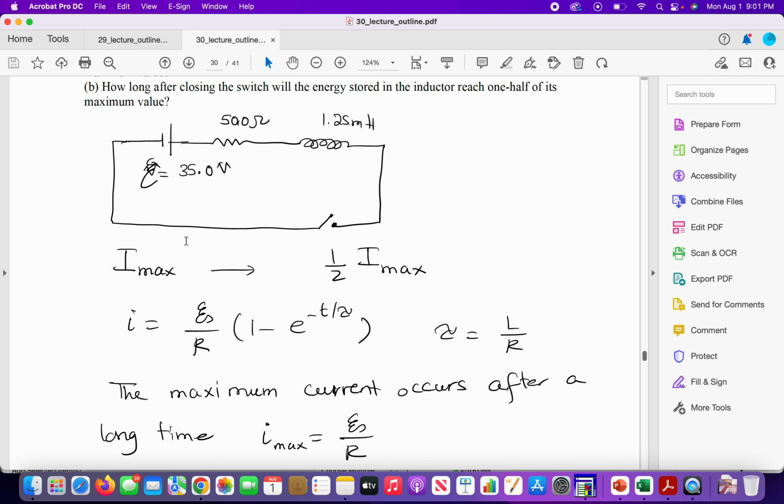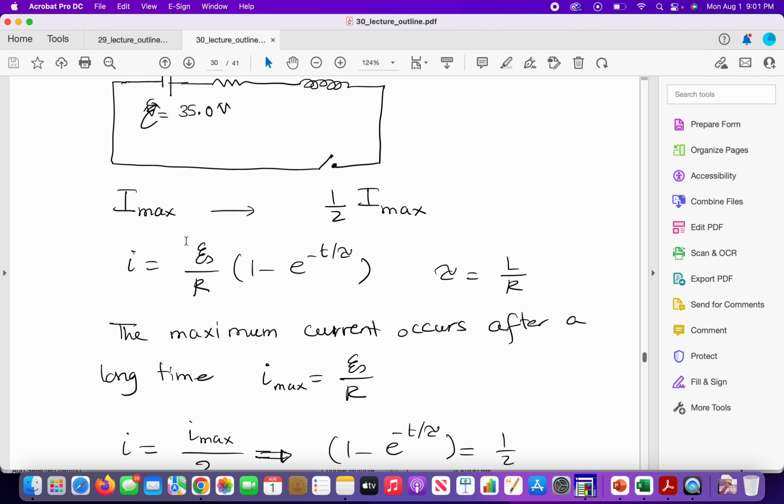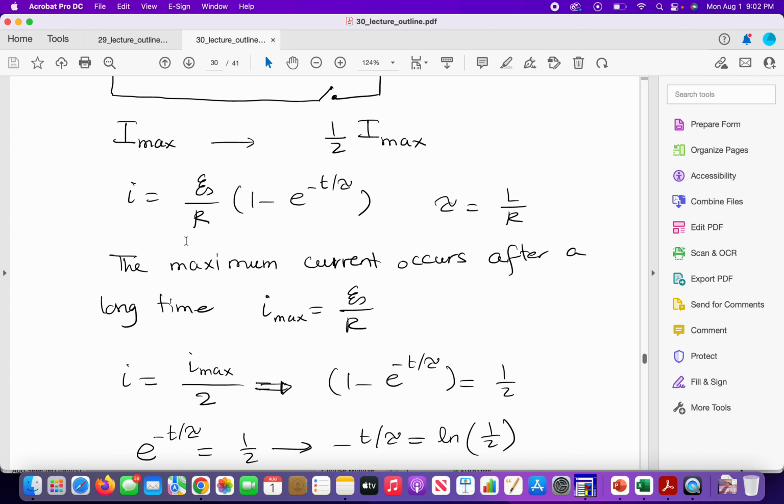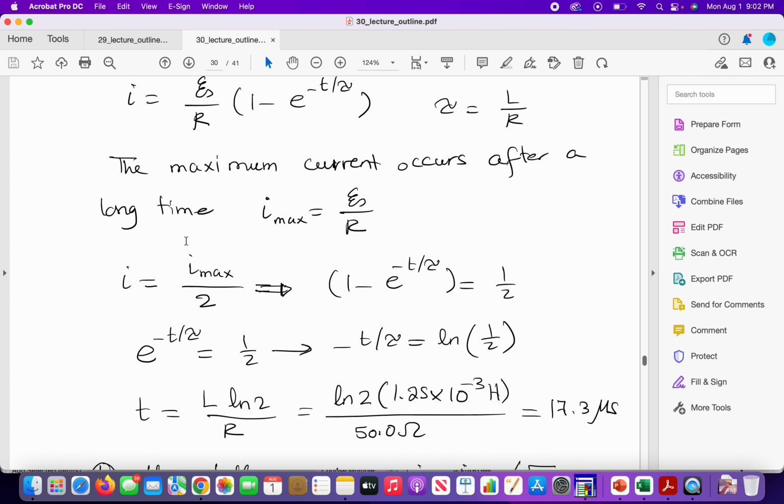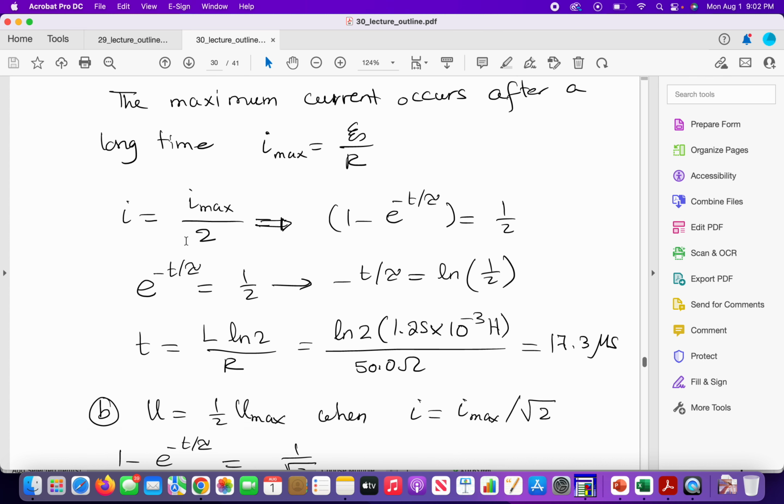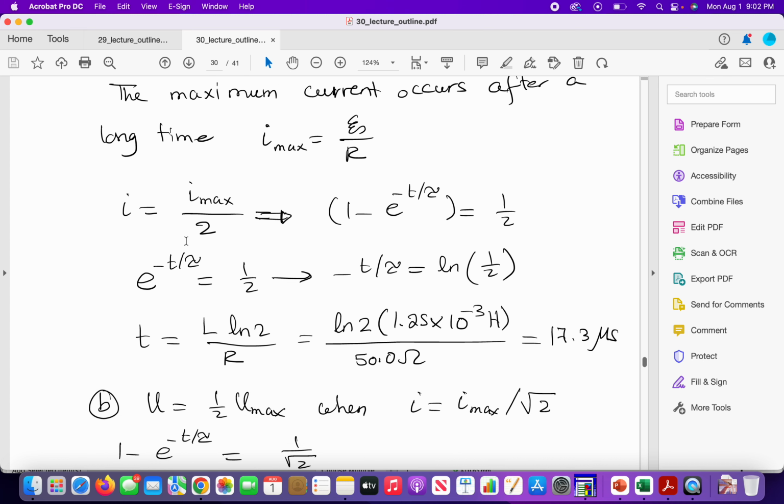At the maximum current, U is going to be U maximum, and we are looking for U equals one half U maximum. That happens when I equals I maximum divided by the square root of 2. And then we need to find this time.